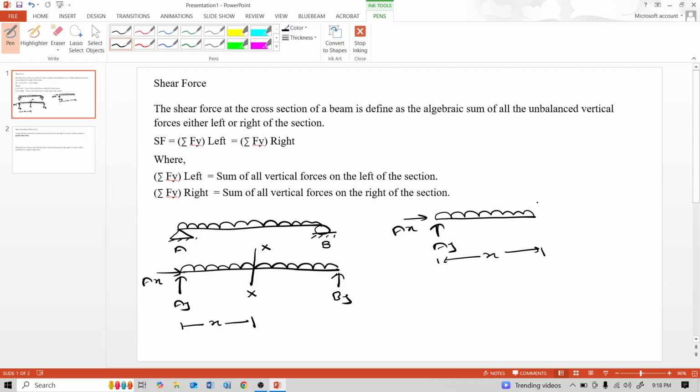Here, shear force is generated due to this external loading. Shear force is an internal force.